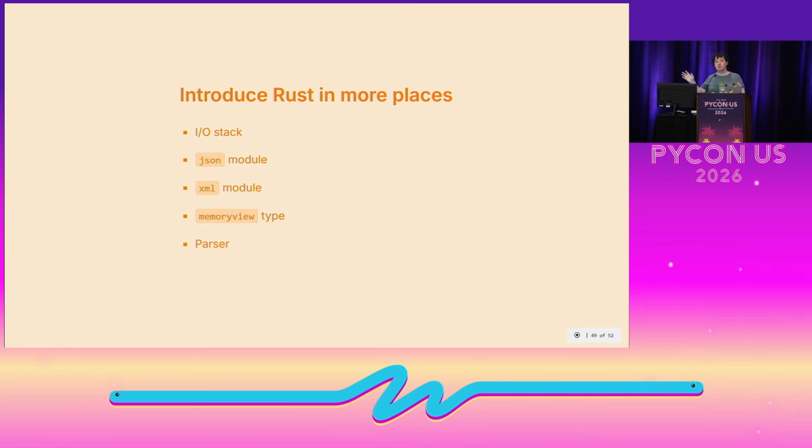I've talked to a number of people about various parts of Python that could be re-implemented in Rust. This includes the I/O stack, the JSON module, memoryview, the parser, and all of these are hypothetical potentials. But these in particular often deal with untrusted input where security is significantly more important.